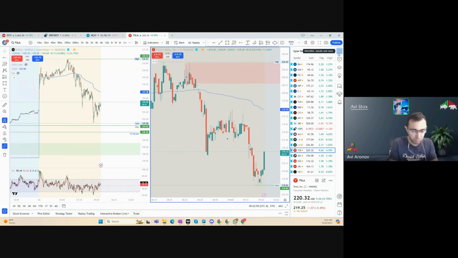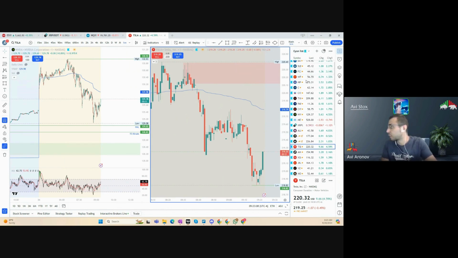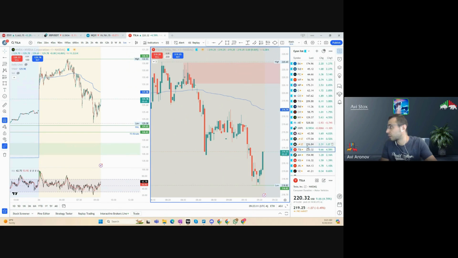So let's look at which ones we are looking at. We need to look at SPY. I know we have SPY on the other instrument. We need Apple. Apple is right here. AMD right here as well.